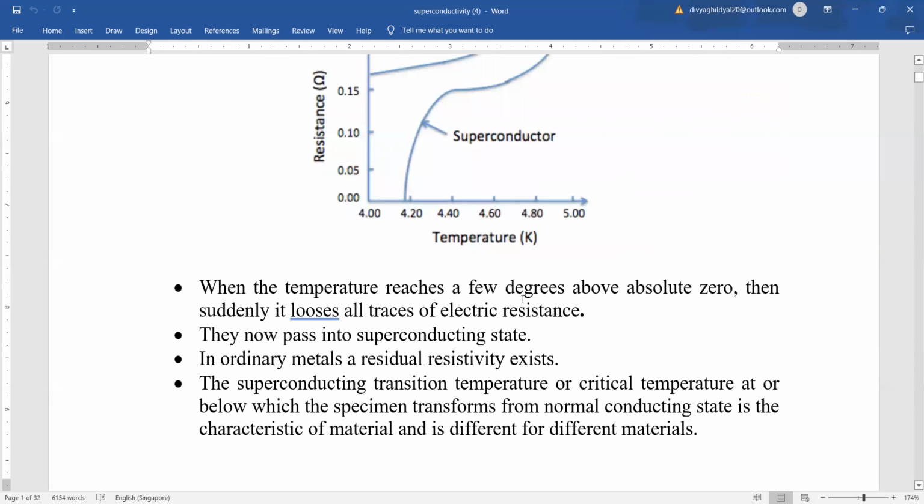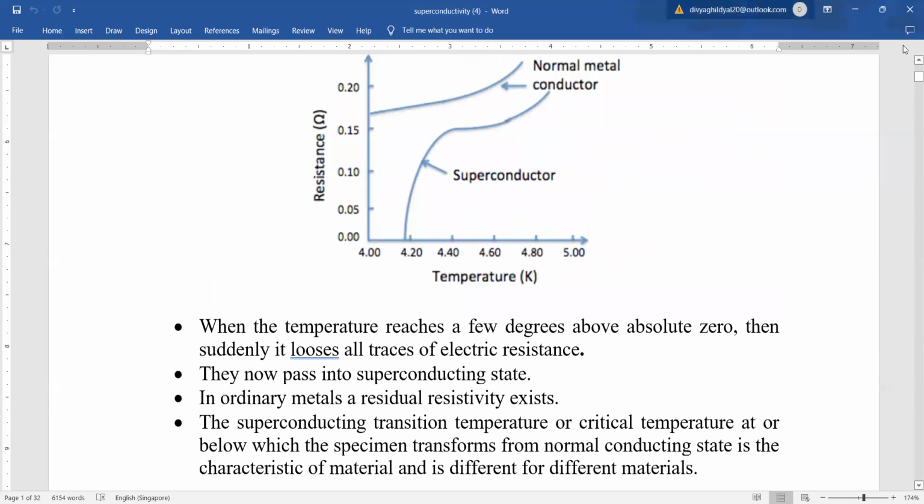When the temperature reaches a few degrees above absolute zero, the element loses all its electrical resistance and starts behaving like a superconductor.